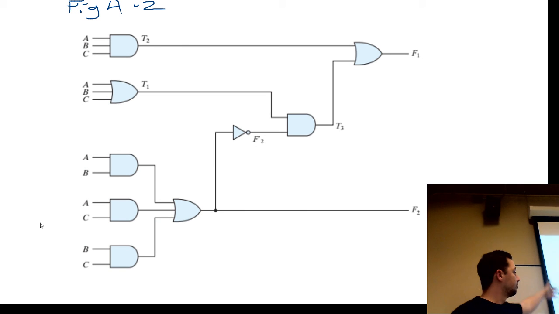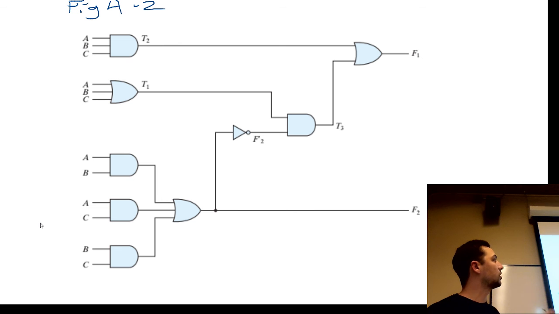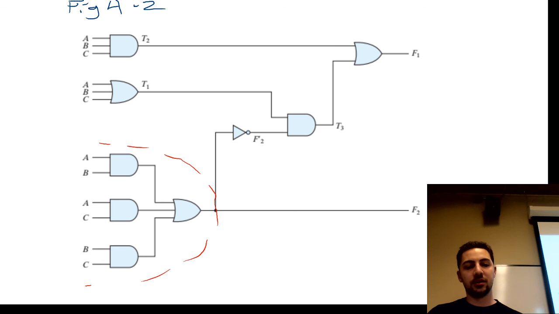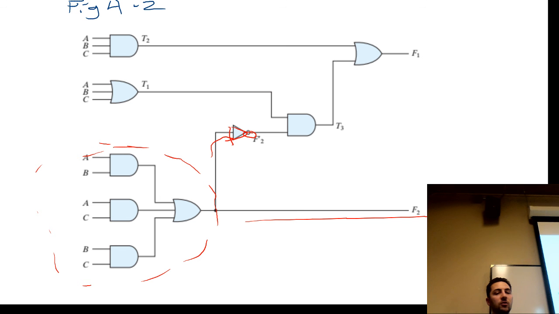It's got 3 inputs sprinkled all over the place and 2 outputs. Things I want to point out: this sub-circuit here is both its own output and then used as part of other operations. In order to solve this and decide if it works, we have to come up with a truth table for F1 and F2.